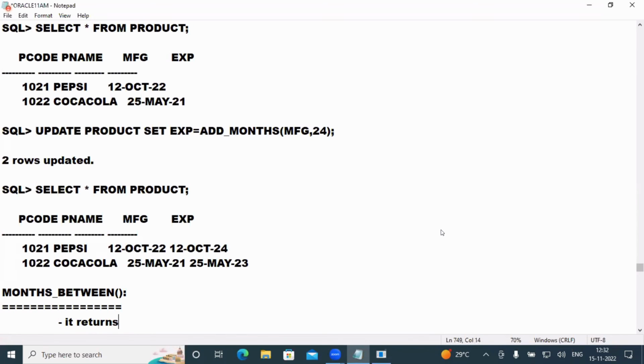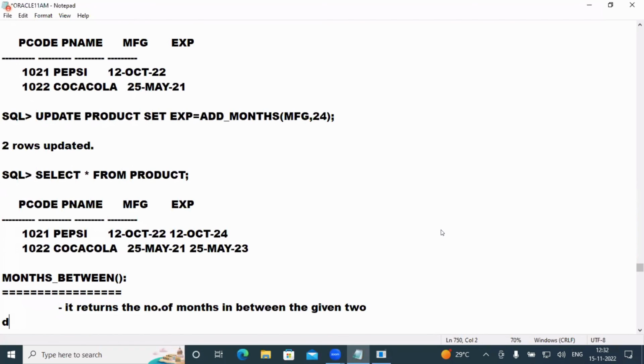It returns the number of months in between the given two date expressions. Okay, now?